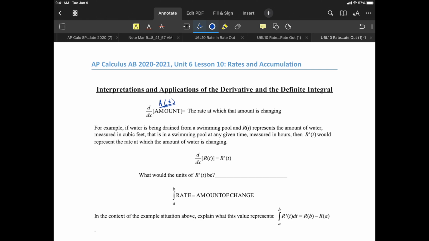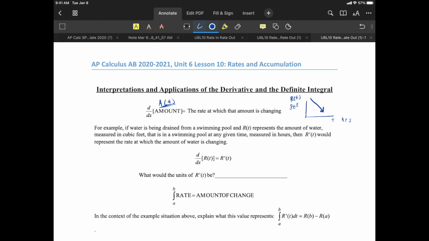If we have water being drained from a swimming pool, and R of t represents the amount of water measured in cubic feet, so on the y-axis we have R of t measured in cubic feet, and we have a function where t is measured in hours. And so we know that the amount of water is decreasing, the amount of water is going down.